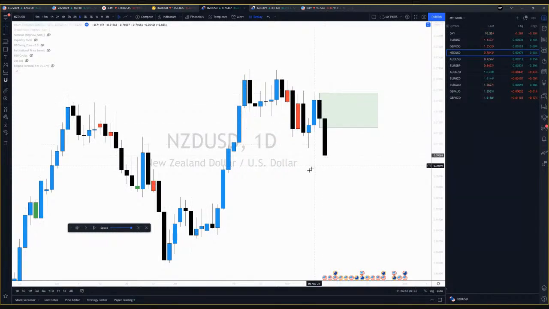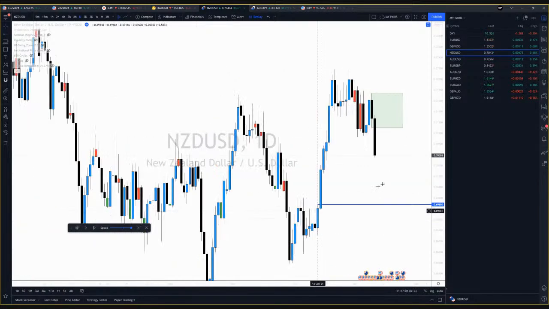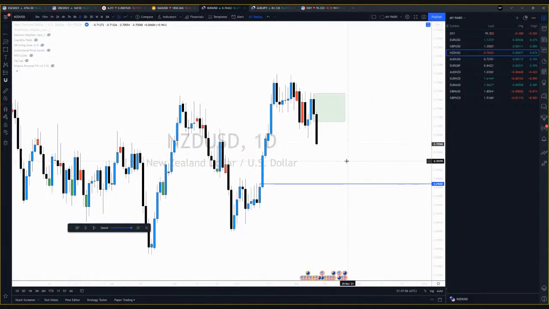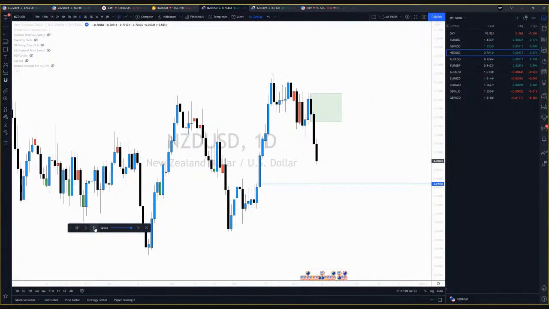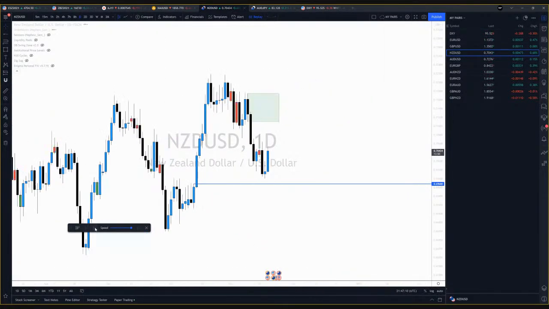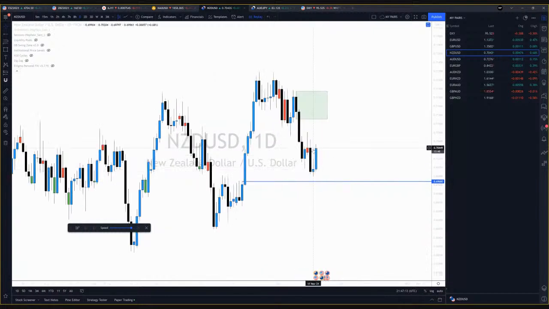We look down, we find a swing. 1, 2, 3. This is the candle that we closed above, right? So this is where price is going to drop to. Let's see. Right here, that's where price should drop to.